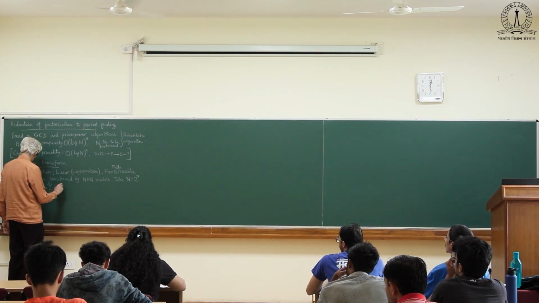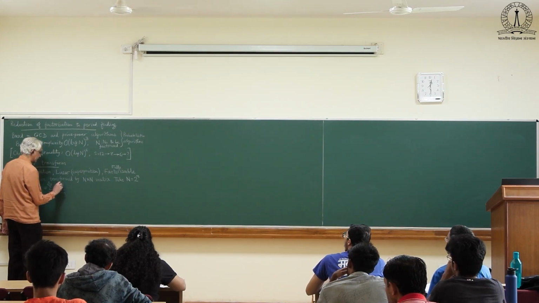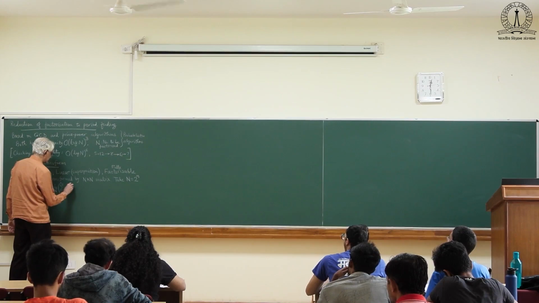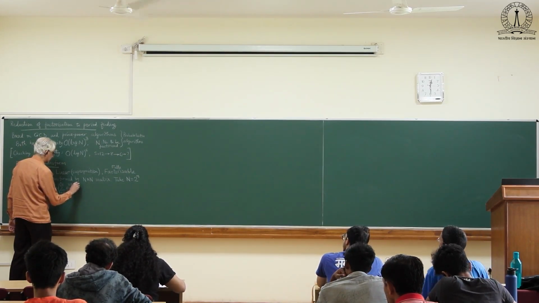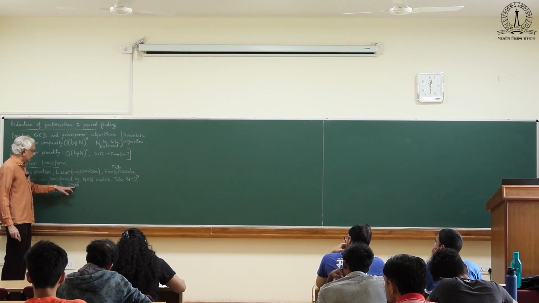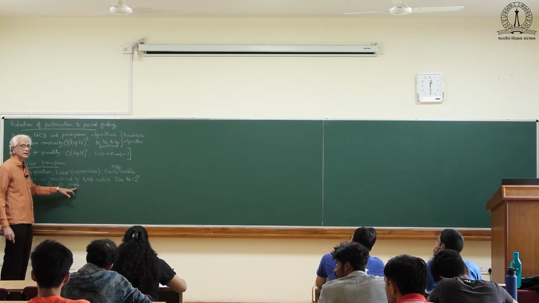this sum over x is still there. Then e raised to 2 pi i x y by N. This is a phase which I have chosen in a particular convention.